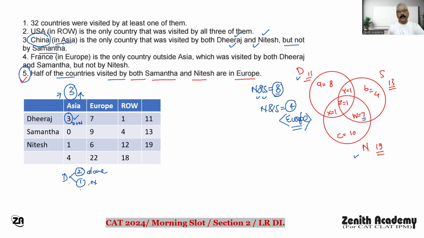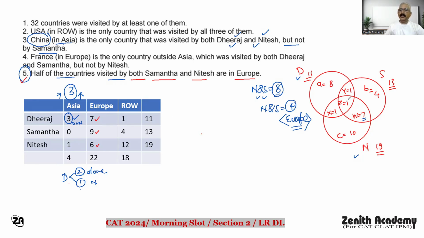It is clear. Okay. Now see in Europe. In Europe, there are 7 countries Dheeraj visited, 9 countries Samantha visited, and Nitesh 6. Let's see Dheeraj with Samantha, right?